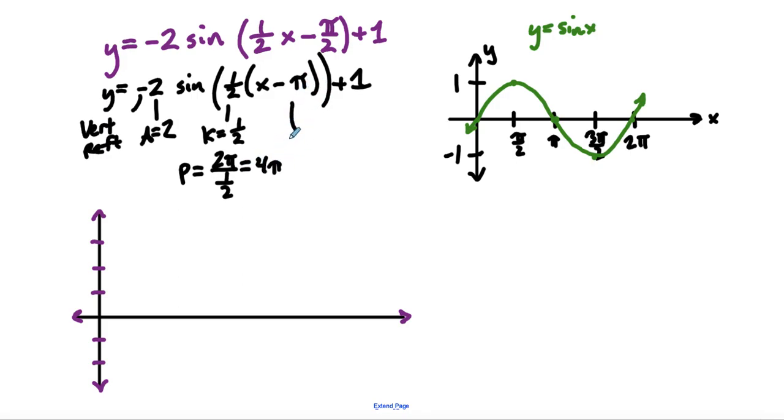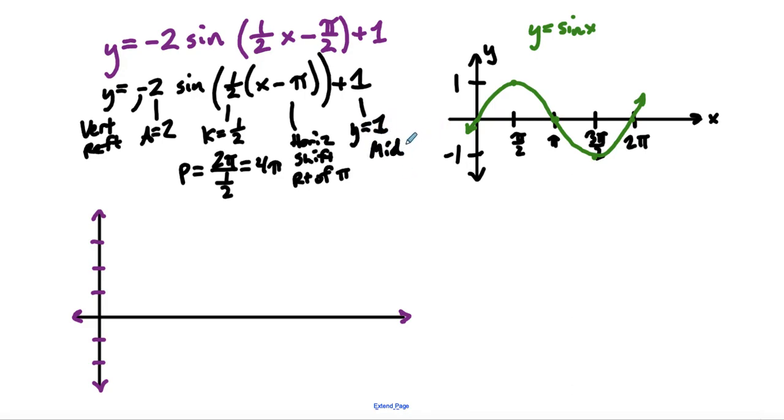And then we have a horizontal shift. Remember, it's always going to be the opposite because of the minus. In order to get back to 0, you have to counteract that. And so that's going to be a horizontal shift to the right of pi. So right of pi. And we got a midline at 1.